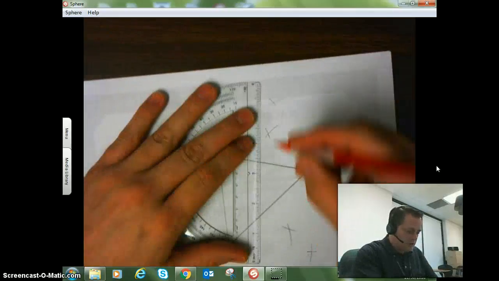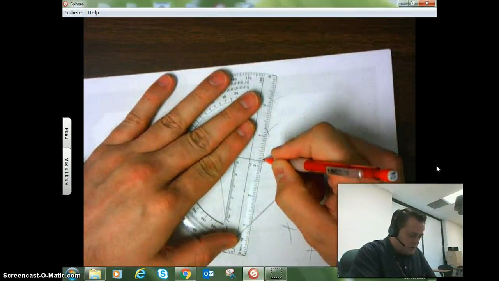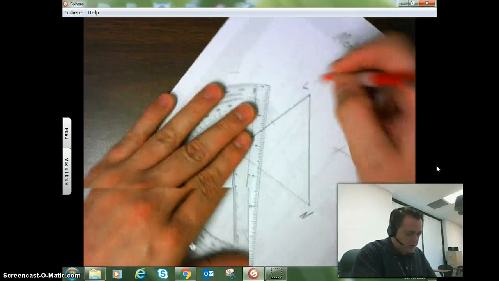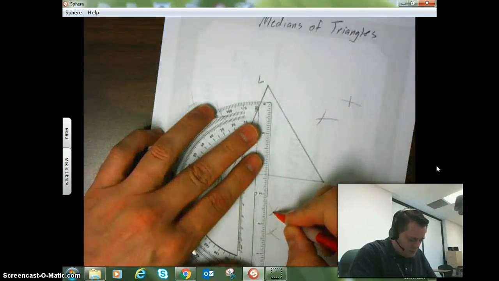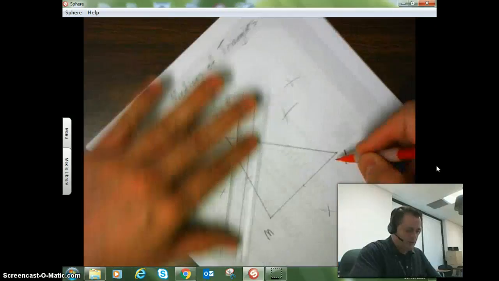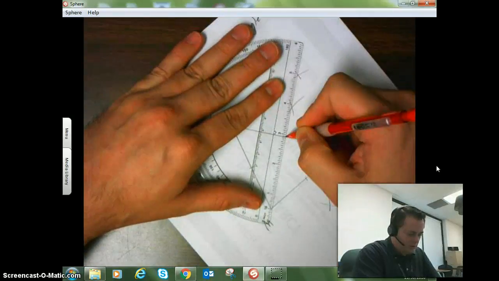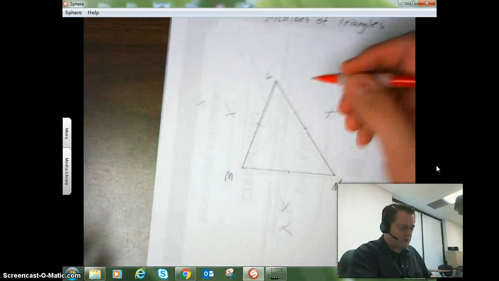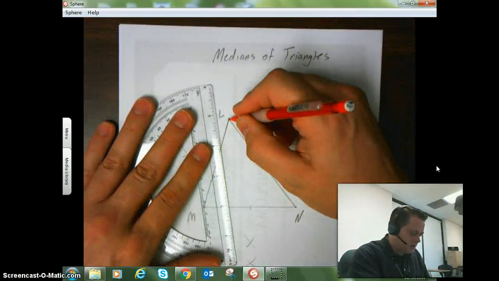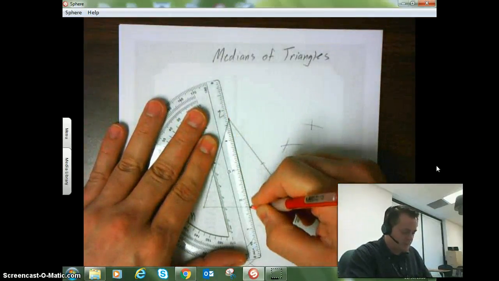So here's one midpoint. Here's a midpoint. And here is a midpoint. So the definition of a median is that it goes from a vertex of a triangle to the midpoint of the opposite side.